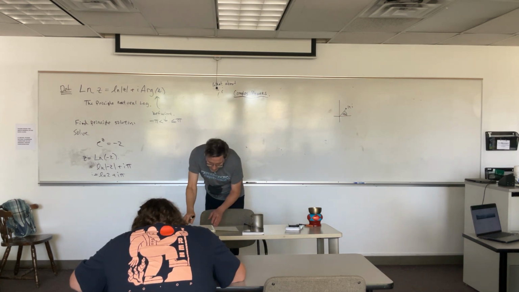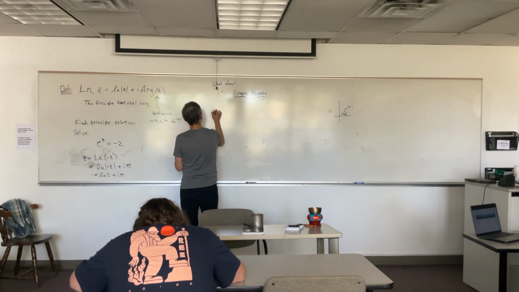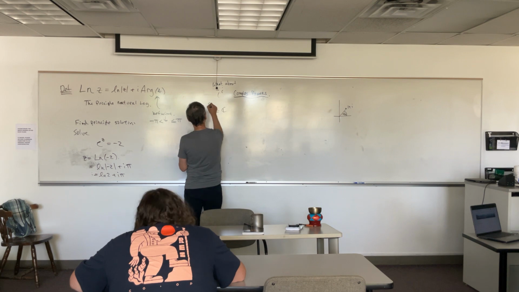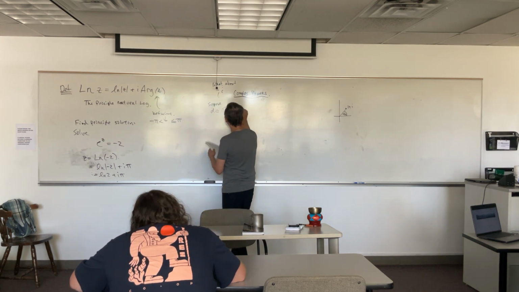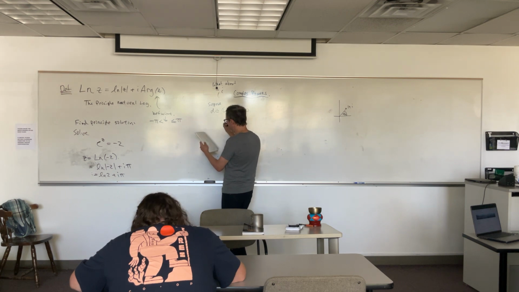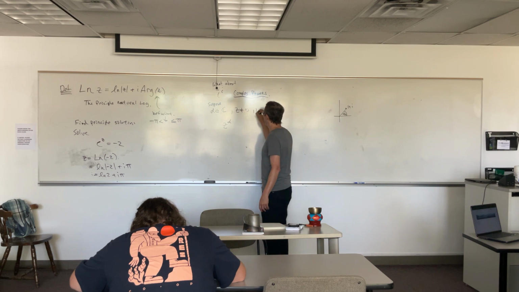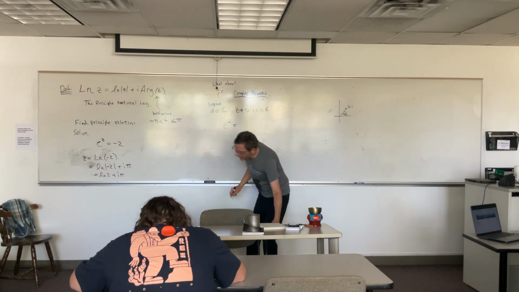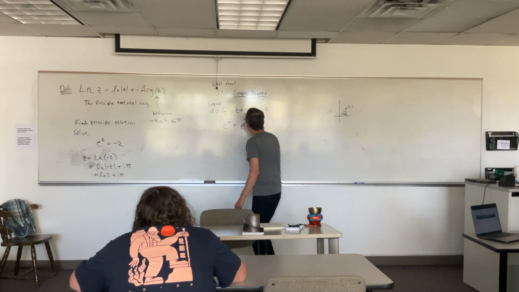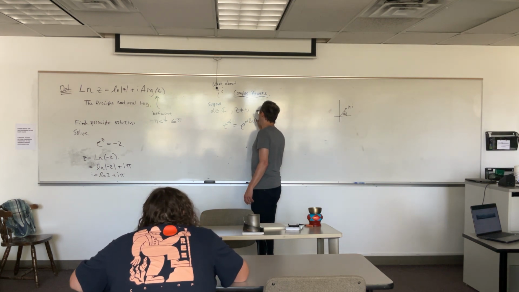Suppose alpha is a complex number, and z is not 0. Then we're going to define z to the alpha, where z is also a complex number, as e to the alpha natural log of z.